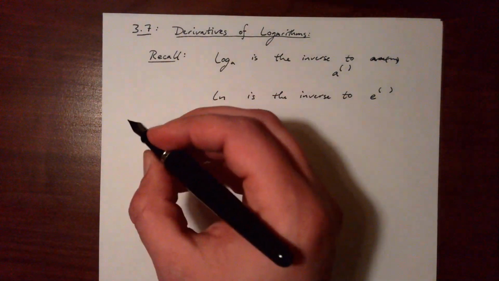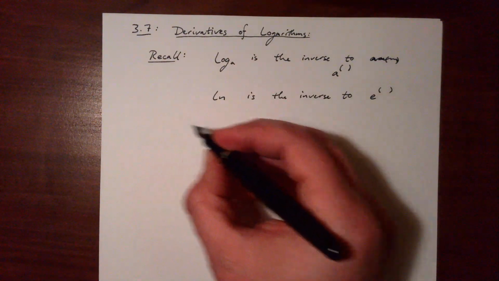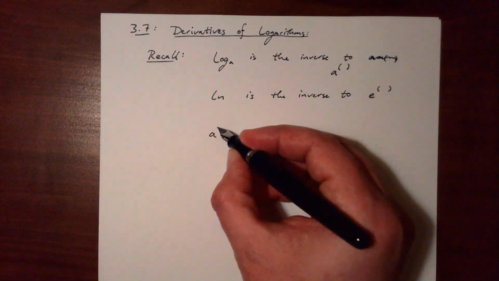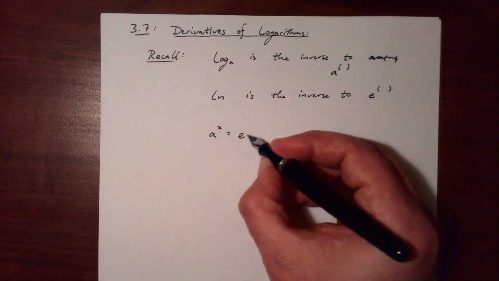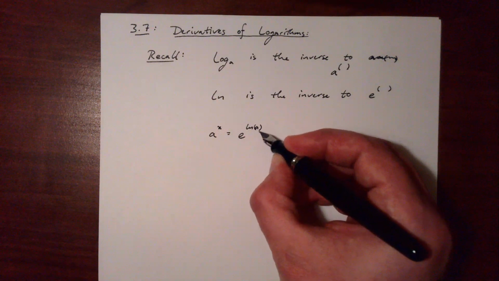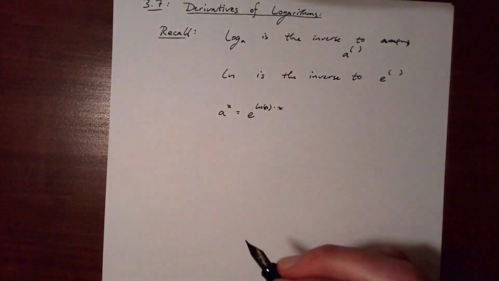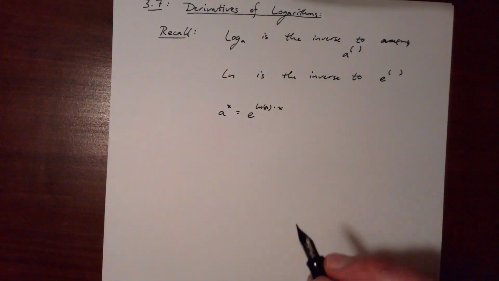Now here specifically, what I want to do is also recall one other fact. A to the x is the same as e to the natural log of a times x. Okay, these are the three facts that will be useful to us in the course of our investigations.